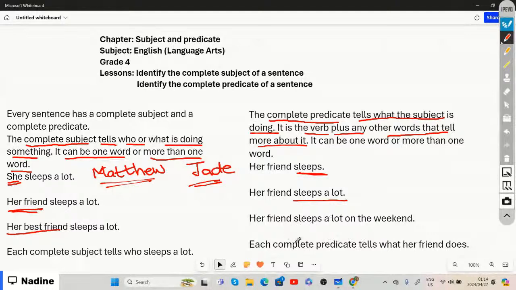And then the next one is her friend sleeps a lot on the weekend. So now we ask, what is her friend doing? What is the subject doing? Sleeps a lot on the weekend. So basically, the predicate tells us what the friend does.